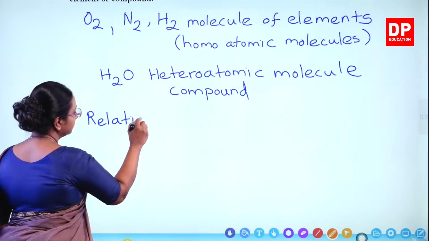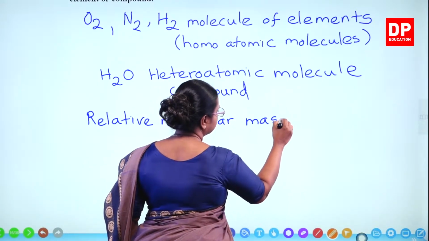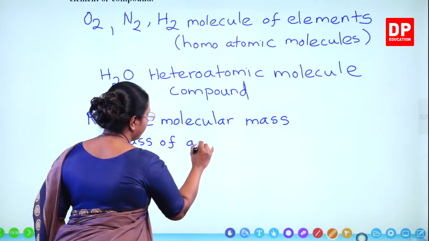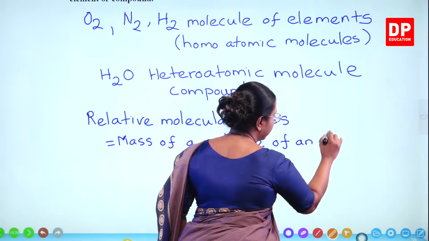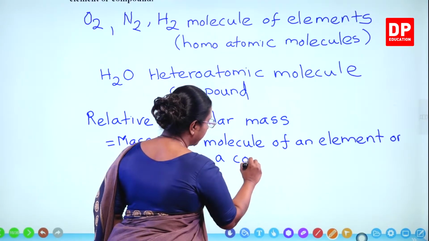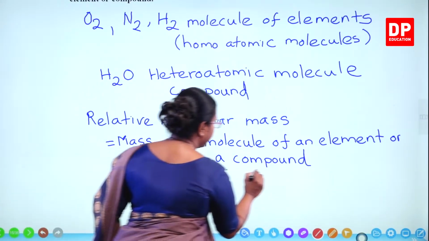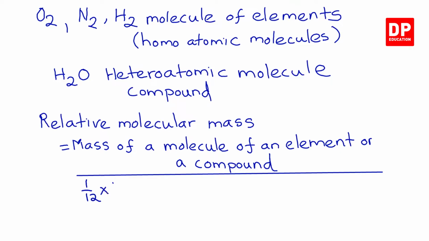Relative molecular mass equals mass of a molecule of an element or a compound divided by the 1/12 mass of 12,6 carbon atom.